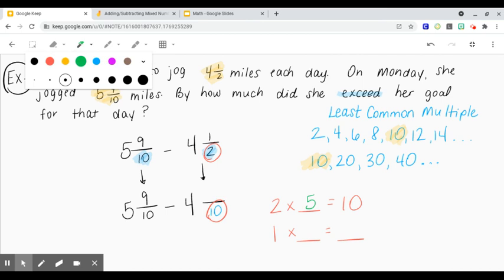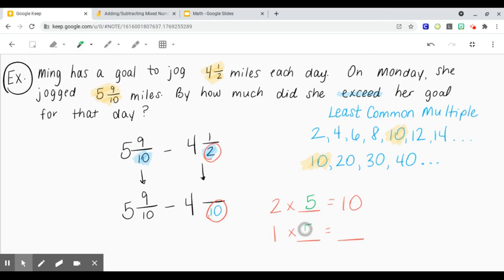Since I multiplied the denominator by 5, I have to multiply the numerator by 5. 1 times 5 is 5. So my numerator here will be 5. So 4 and 1/2 is also equivalent to 4 and 5/10.